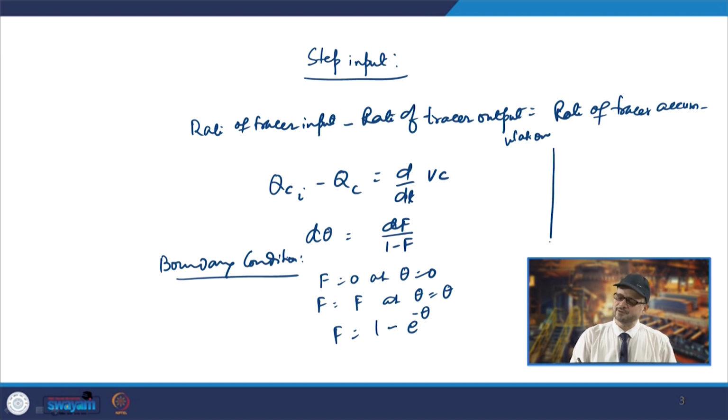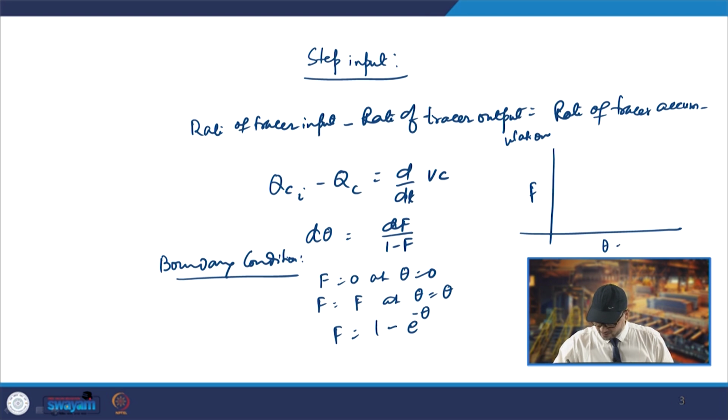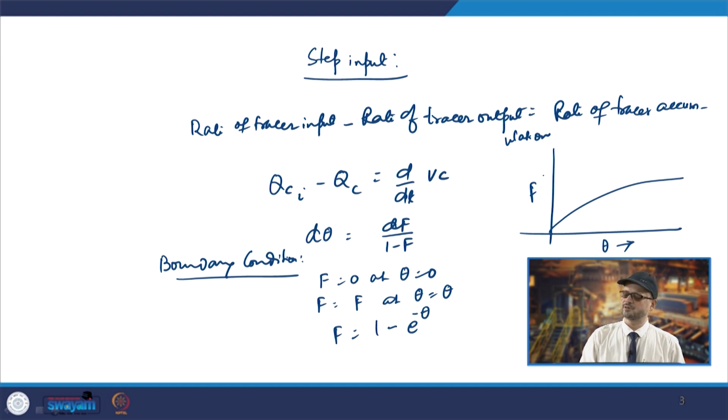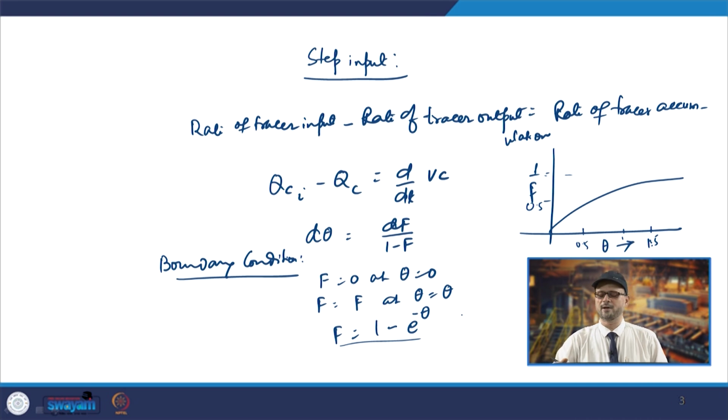If you draw the F curve for the well mixed flow, you will have f here and this is your theta. It goes like this. Certainly this will be approaching 1, and this will be 0.5. Similarly, you will have 0.5, 1, 1.5, like that it will be moving. So, this RTD curve will be given by this expression, represented by this line.